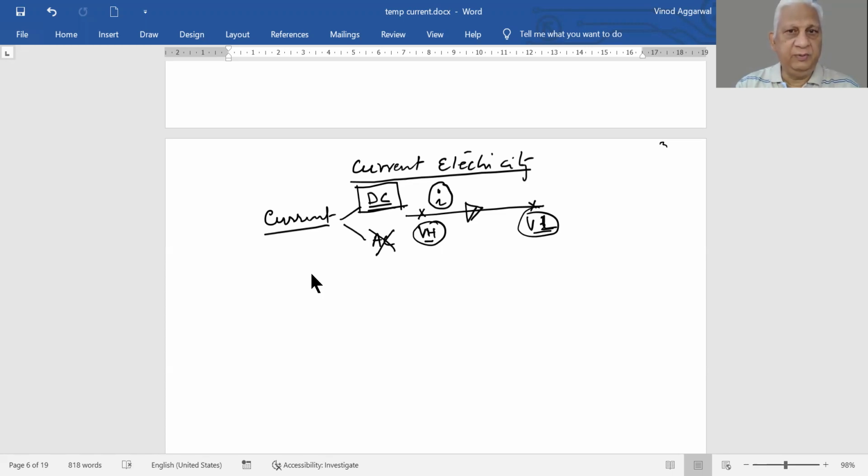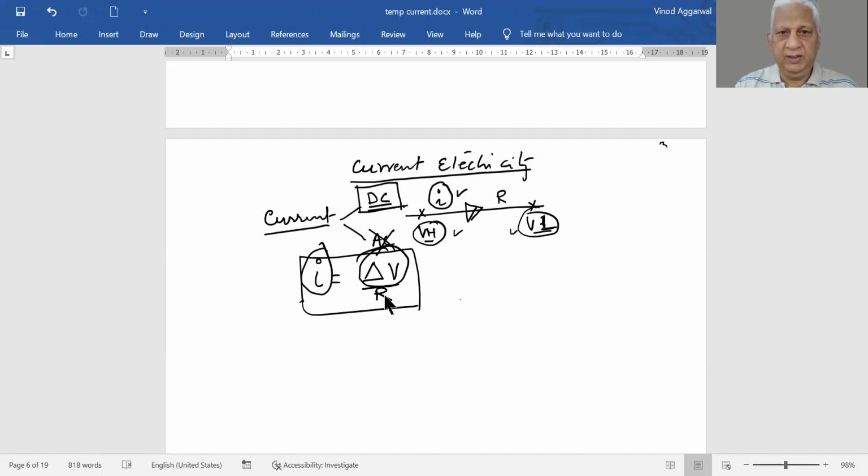Is there any relationship between current and these voltages? Yes, there is. The relationship is that current I is equal to the potential difference between 2 points divided by the resistance of the conductor, where R is the resistance of this conductor.